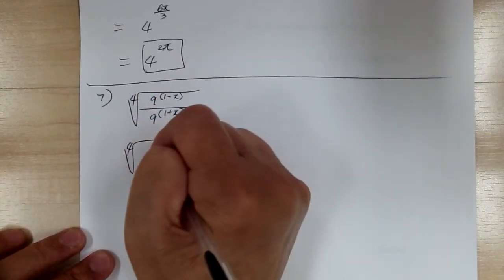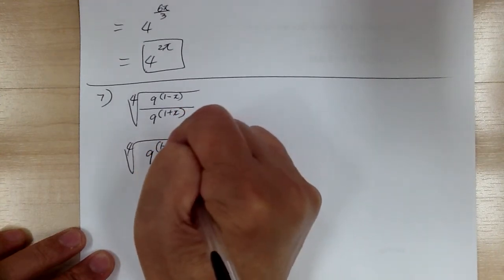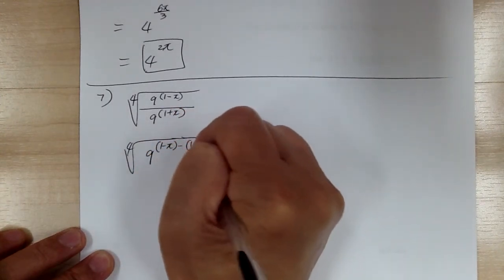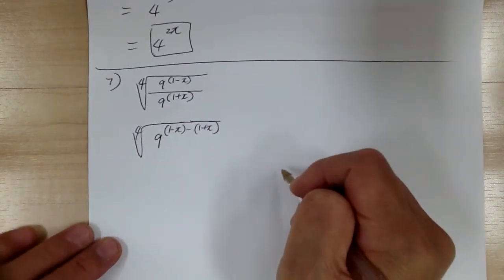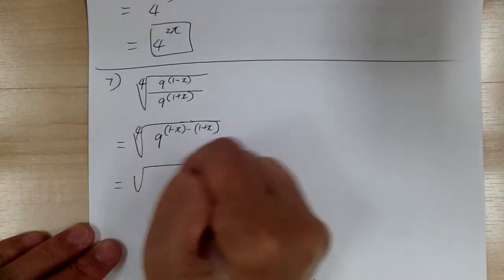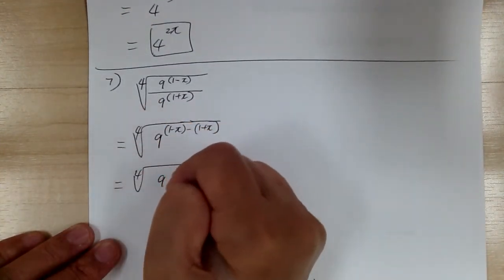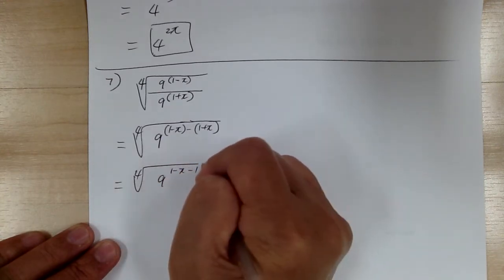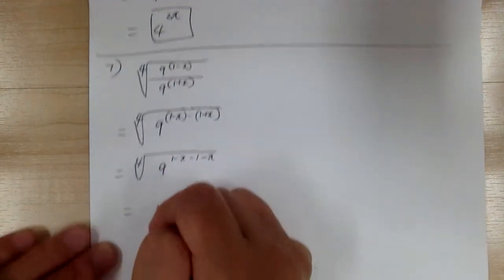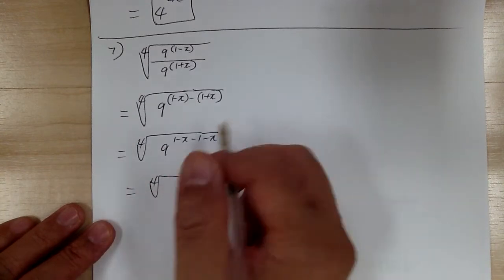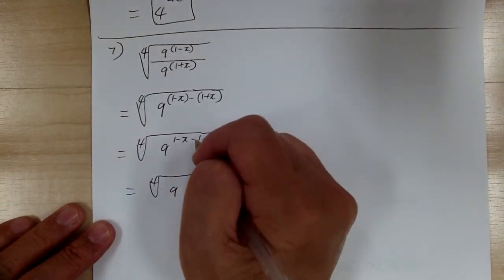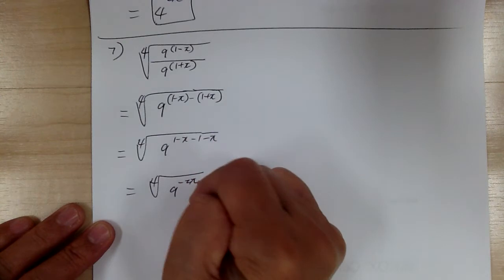So you're going to get 9 to the 1 minus pi, minus 1 plus pi. Okay? And so this will equal the fourth root of 9 to the 1 minus pi minus 1 minus pi. So this becomes the fourth root of 9 to the, the 1 cancels, it will be minus 2 pi.